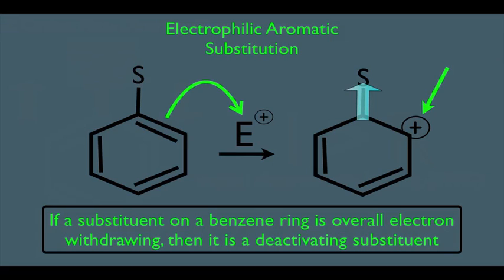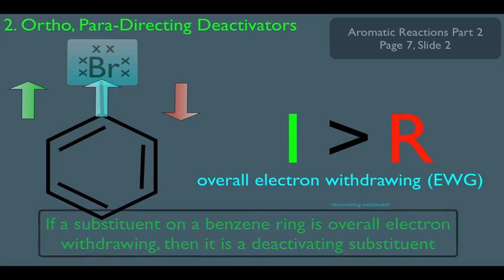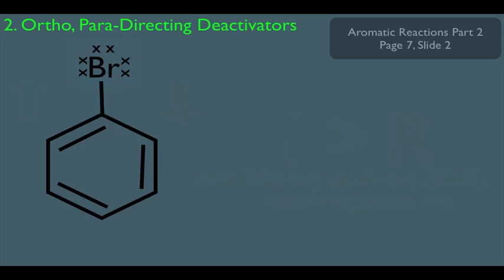discuss that here. So, let's go back to our substituent analysis here. We're now labeling the halogens as overall deactivating substituents. And that explains why in the title of this type of substituent we have the term deactivators. And I want to point something out here really quick.